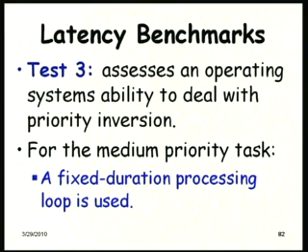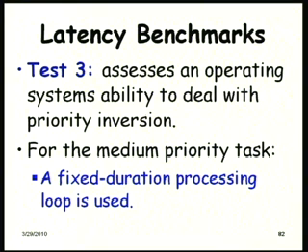We can use a fixed duration processing loop to generate all these medium priority tasks and then check whether there is a difference in the time with respect to the high priority task getting the resource, because the low priority task takes a constant amount of time for its processing, and the high priority task should take that much time only to get the resource.